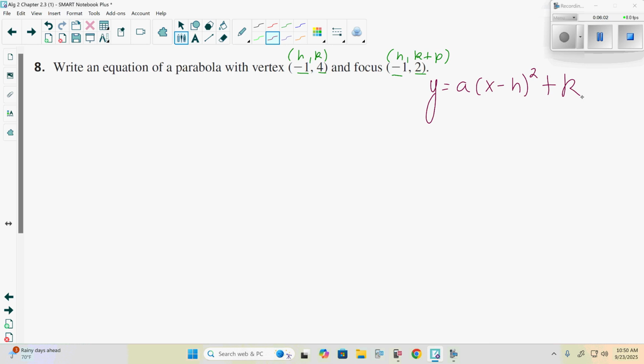And again, the four things we're looking for are h, k, p, and a. The main reason we need to find the value of p is to find the value of a that we plug in.